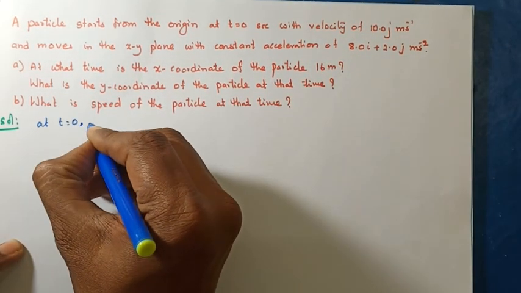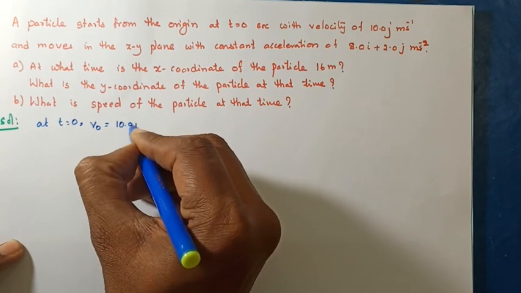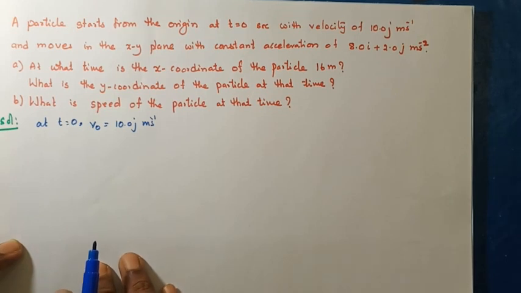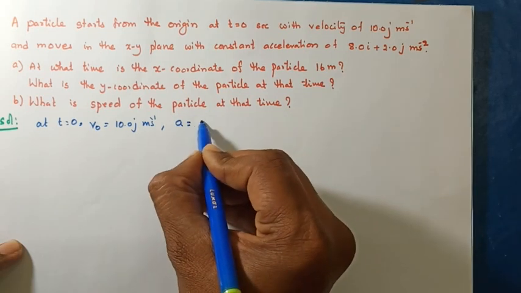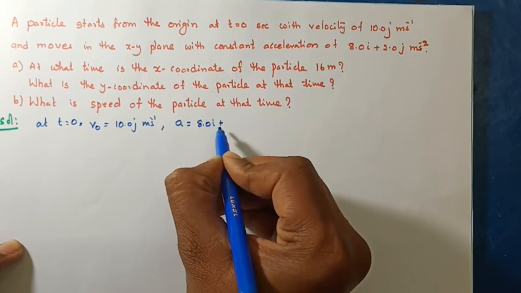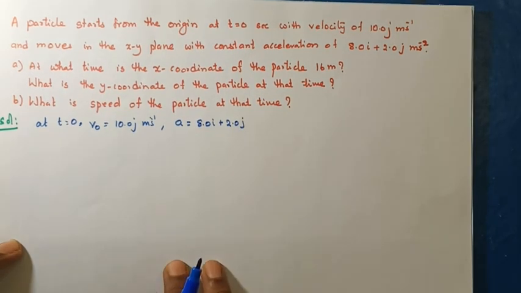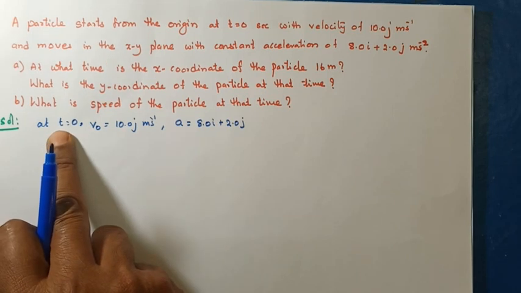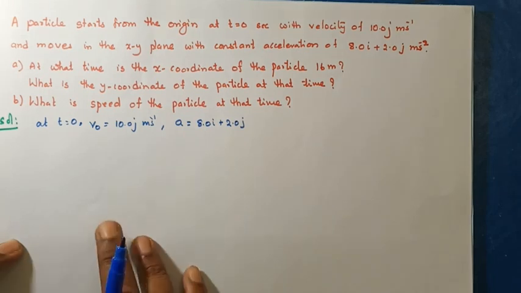The velocity, called v naught, is given as 10.0 j meters per second, right? And a constant acceleration is there, which is 8.0 i plus 2.0 j. So v naught and a are given at time t equal to 0. Of course, at t equal to 1, 2, 3, 4 seconds, the acceleration remains constant. It's not the issue.